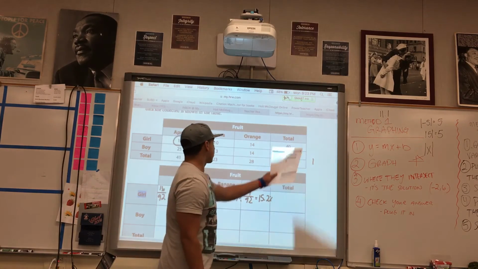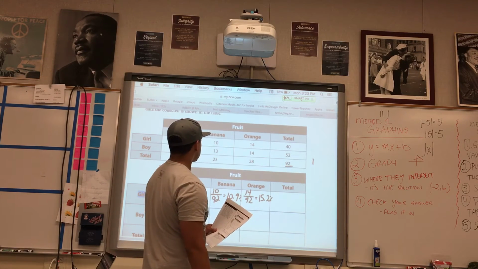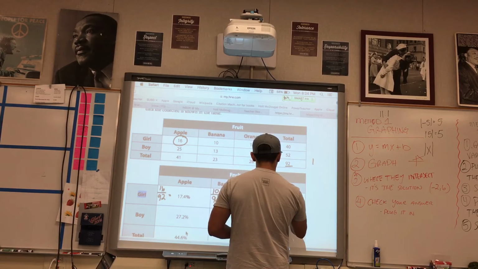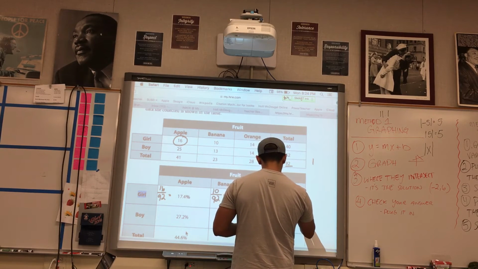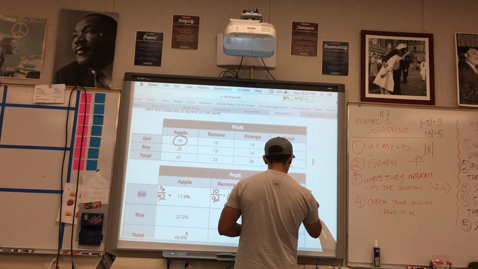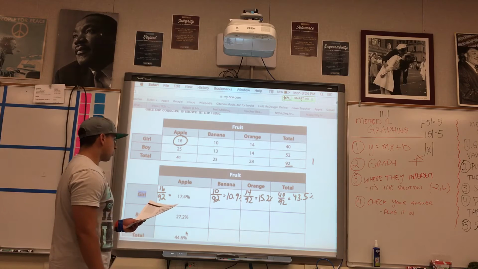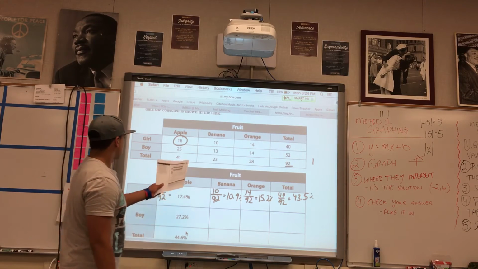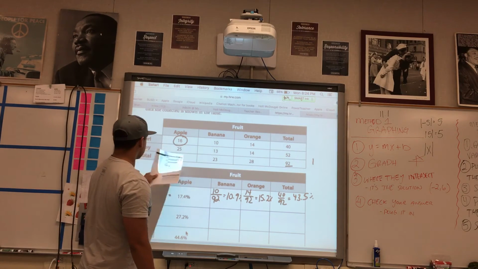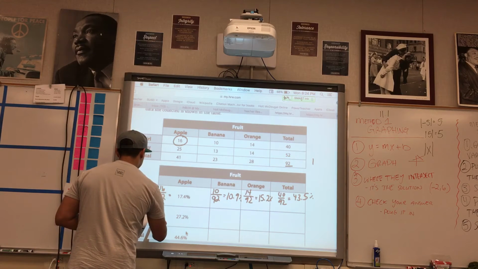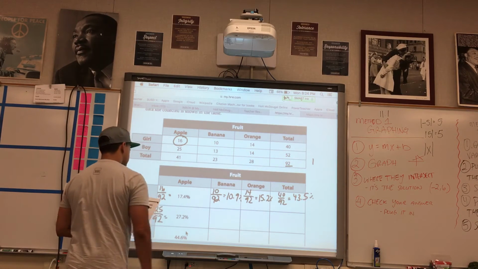The total being 40 girls selected these fruits. So that's going to be 40 divided by 92, which equals 43.5%. Now let's do it for the boys that selected this. Boys that selected an apple is 25 out of 92, which equals 27.2%.